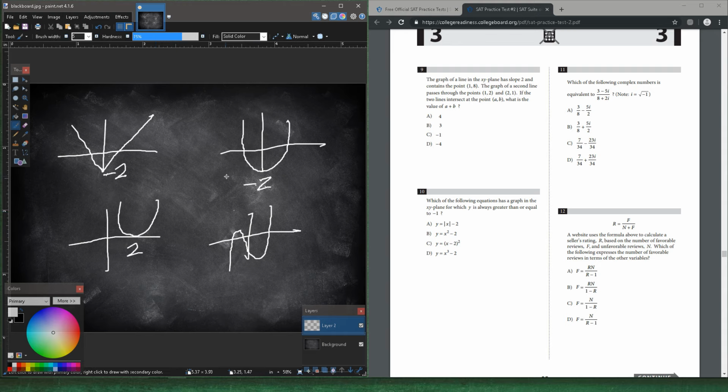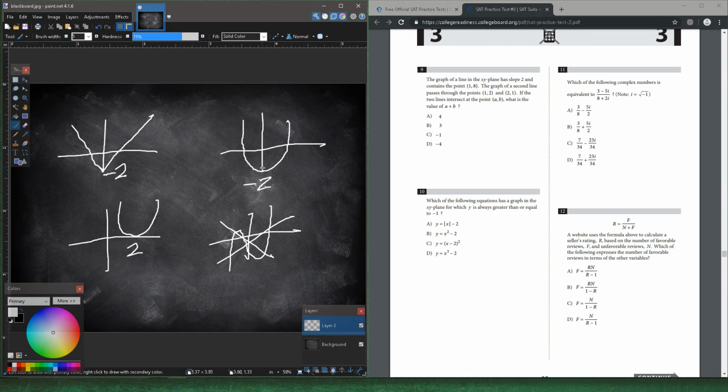So which of them has a y value greater than or equal to negative 1? We would cross out answer D because, as is shown, it goes through every single y value. So that's not right. Answers A and B look exactly the same because they go through negative 2 and above.